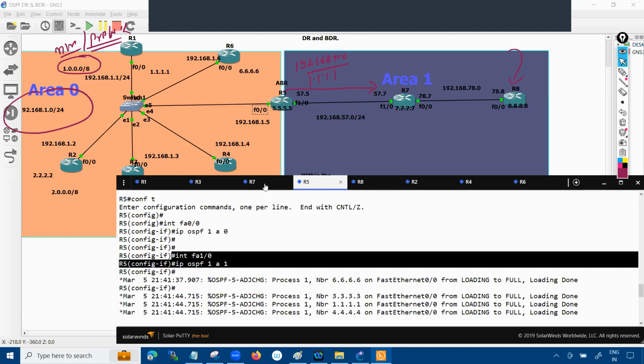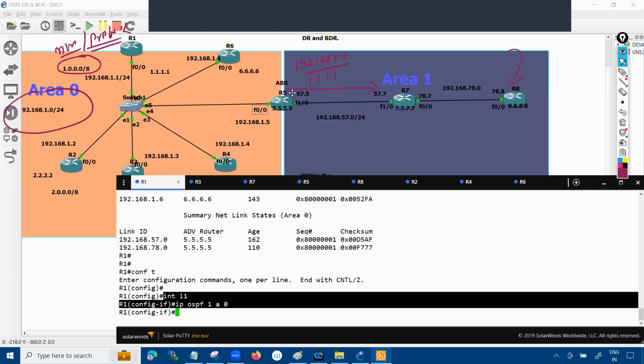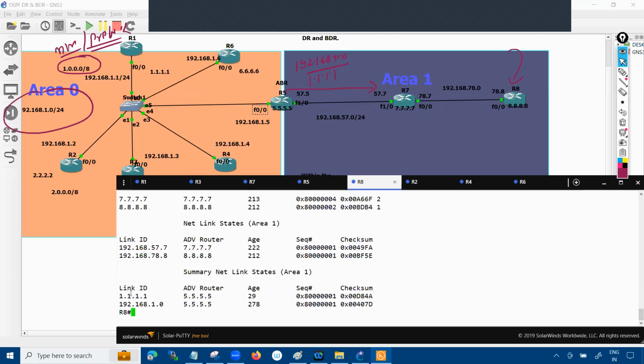That's all. So now I just advertise this loopback on router 1. Now what happened? Router 5 is going to generate another summary LSA. So on router 8, if you see, you have another one. Summary LSA, in simple language, is how many networks you have.